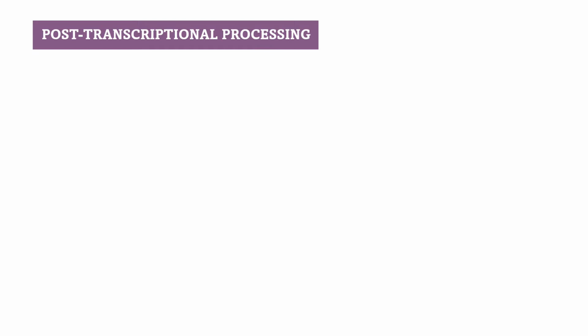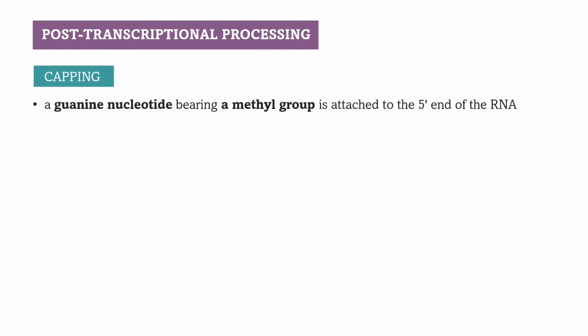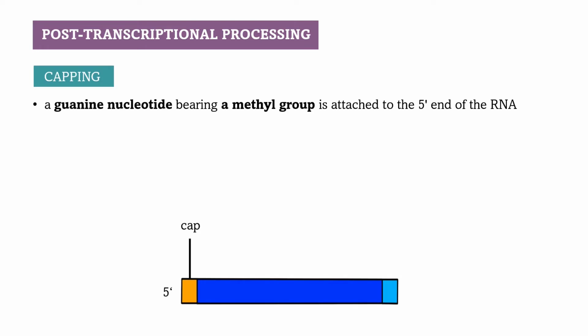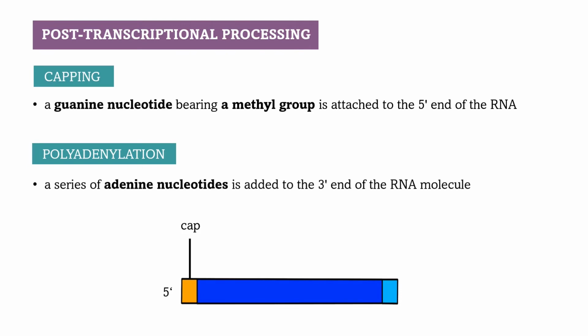The first one is called capping. RNA capping is a process in which a guanine nucleotide bearing a methyl group is attached to the 5' end of the RNA. Then we have polyadenylation, which is a process in which a series of adenine nucleotides is added to the 3' end of the RNA molecule.